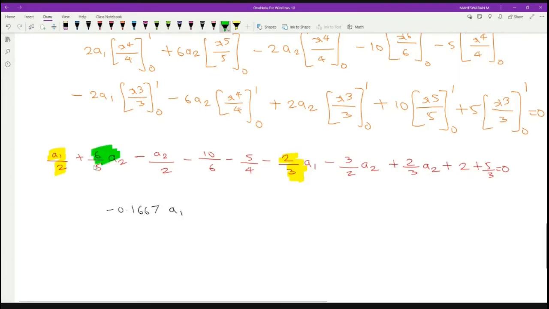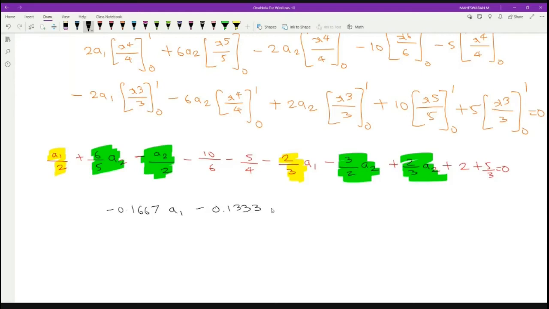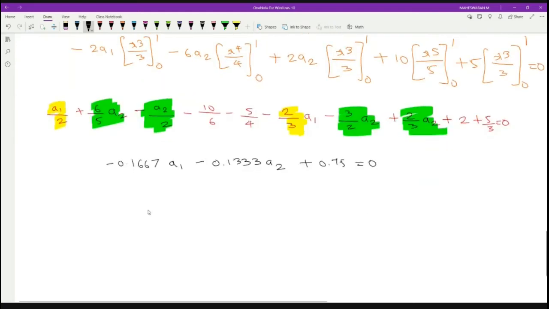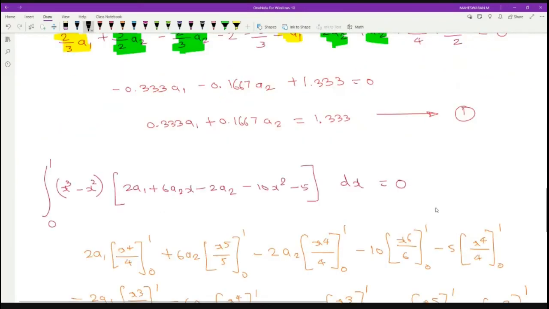So I am having a2 terms, 1 2 3 4 a2 terms. 0.1333 a2. Remaining terms. So minus 0.1667 a1 plus 0.1333 a2 is equal to 0.75. Equation number 2.